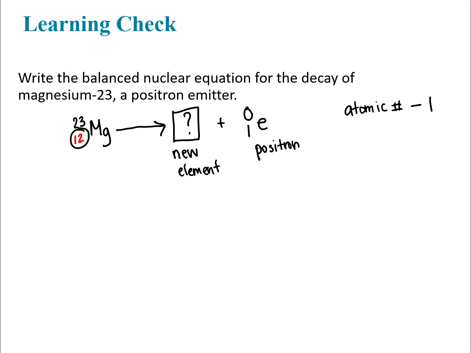It's 12. On our reactant side, we've just got the magnesium. So the mass number is 23. The atomic number is 12.